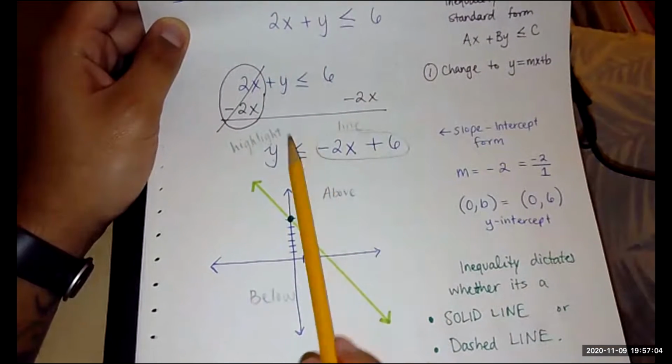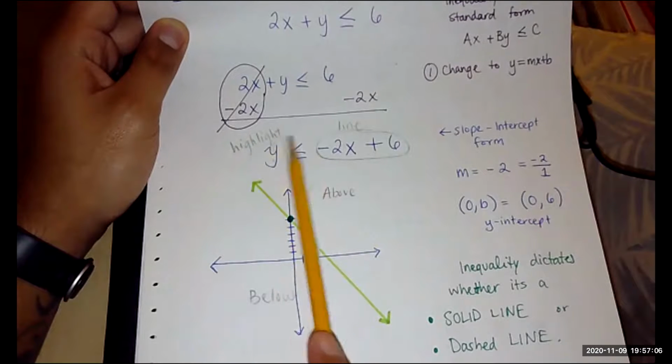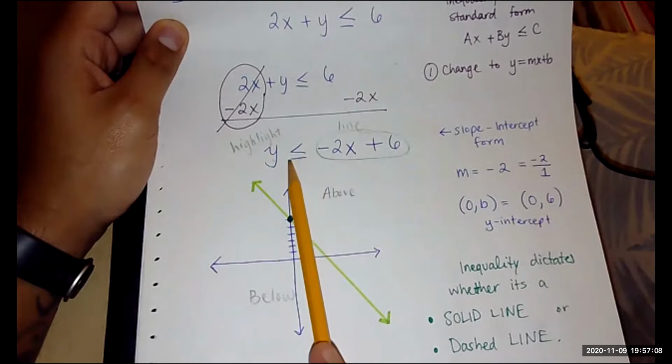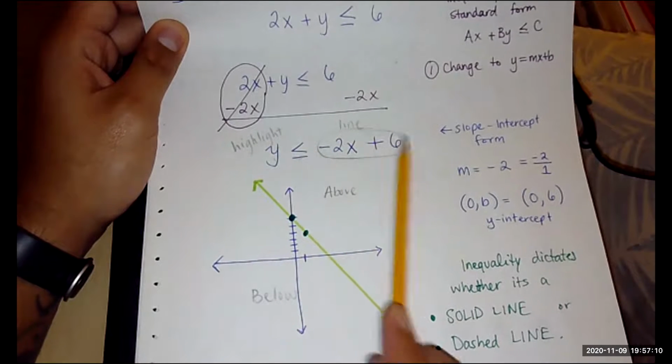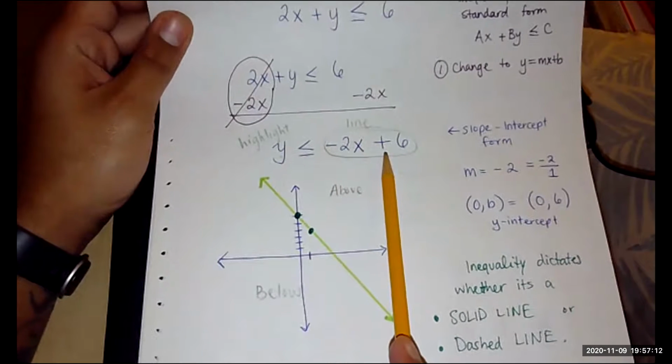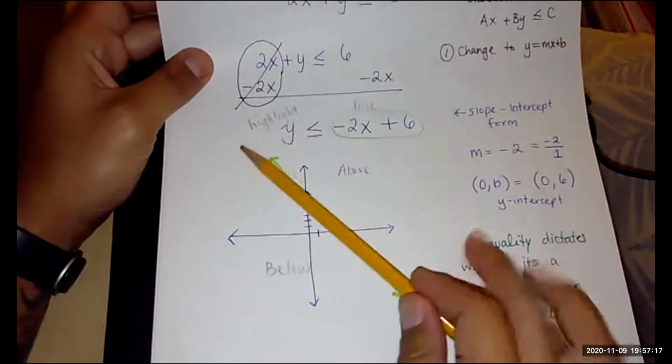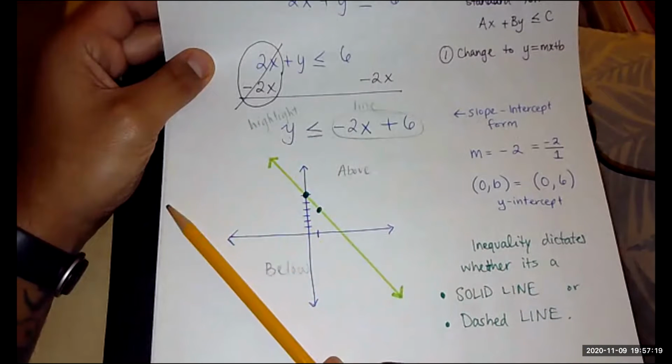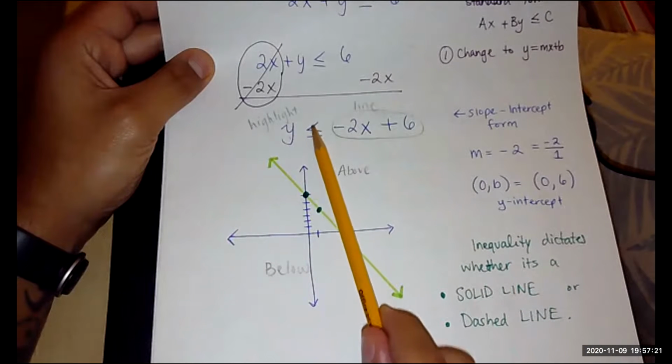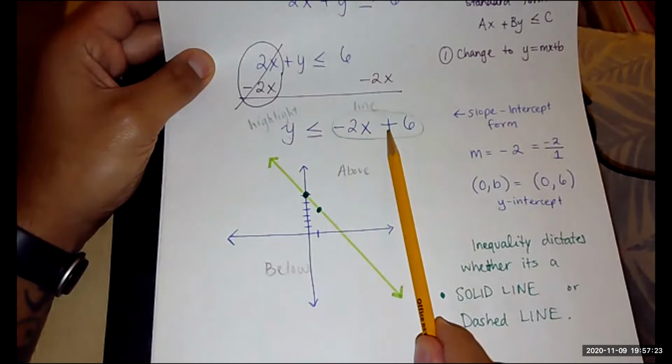Okay, what I mean by that is we need to highlight the region that's less than or equal to the line. So if you think about it that way, the inequality is saying that we need to highlight the region below this line because this says y is less than or equal to the line.